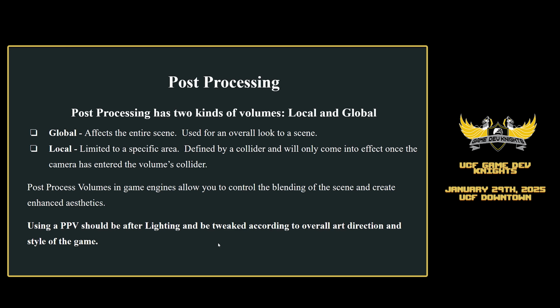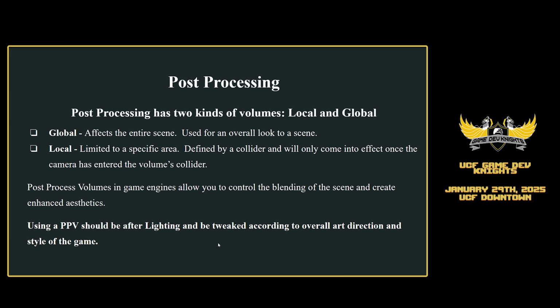You should not be using post processing until you have a good lighting foundation set up, because post processing is just icing on the cake, just enhancing the aesthetics of it. You want to make sure that you have good lighting in general, and just add slight tweaks that you want to be brought out through post processing.